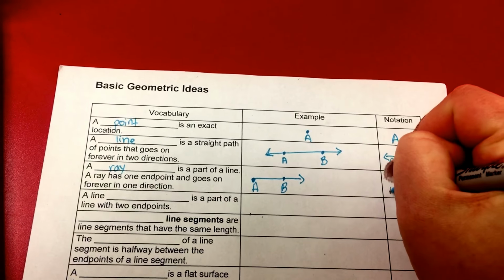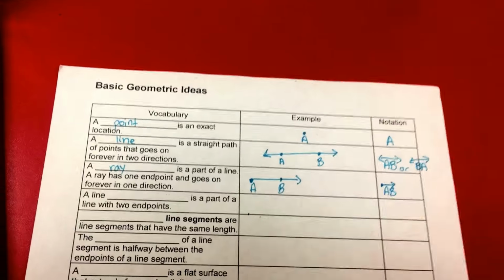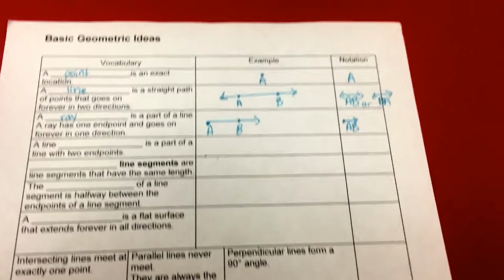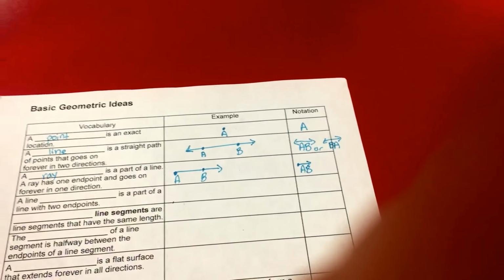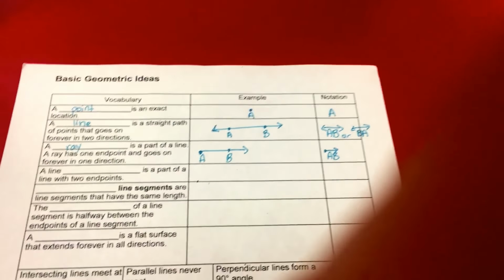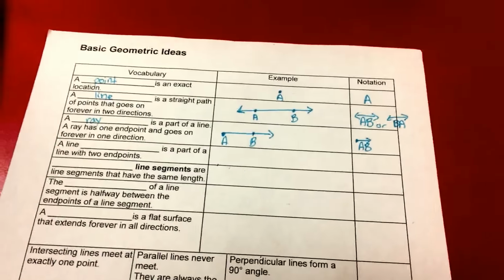And you would write this as A, B, and then just one arrow going. So you'll notice the notation is just using the same letters and just a shorter version of that line. The way I remember that a ray only goes one direction is I call it one-way ray because it kind of rhymes.